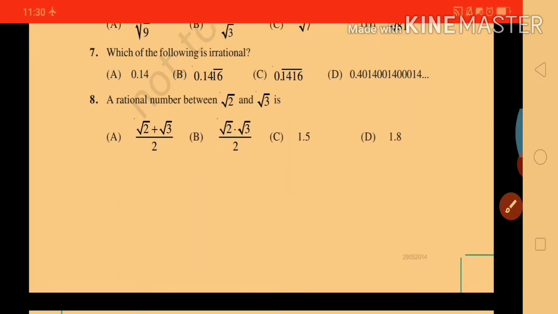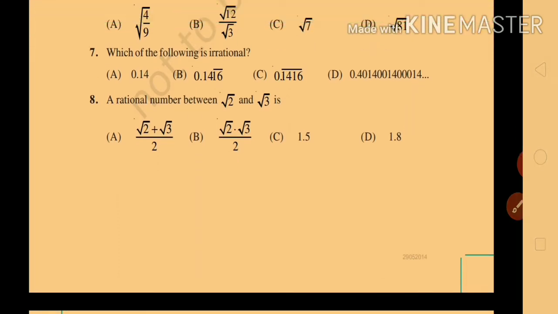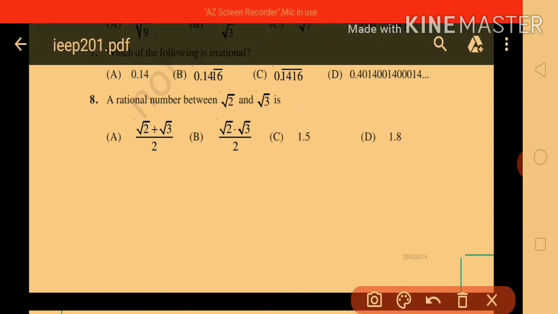Now come to question number 8. A rational number between root 2 and root 3 is... If you were asked to find an irrational number, we could directly write root 3 plus root 2 by 2, but here we are asked for a rational number, so at first we have to check the expansion of root 2.